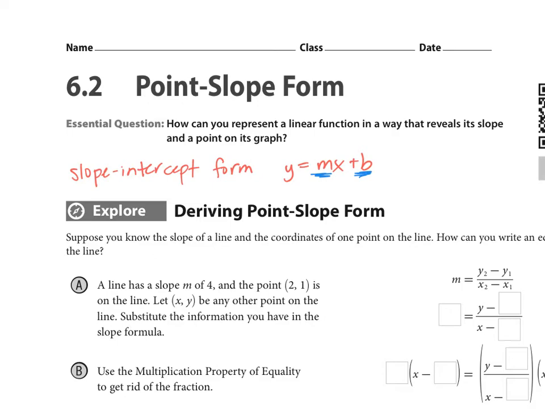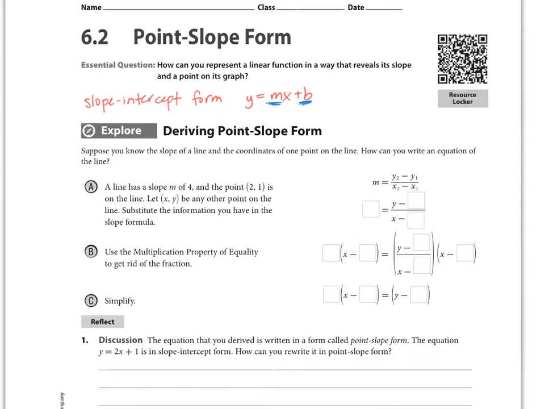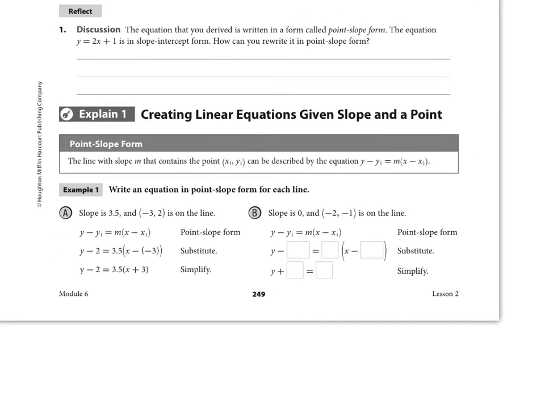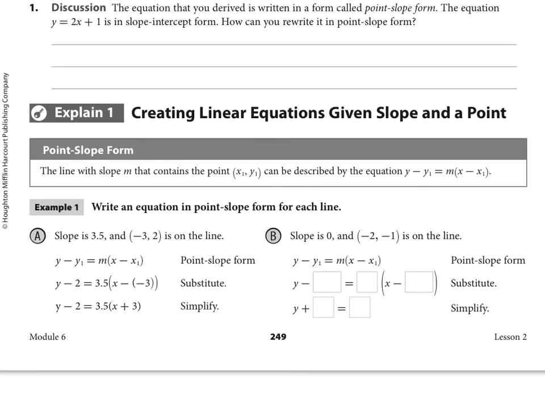So this explore activity is going to give us some information as to how this point slope form came to be, how we derive it, but we're going to skip that and go straight to what it looks like here. So in this box labeled point slope form, if we know any slope m and we know any point, then we can write this equation, y minus y1 equals m times x minus x1.